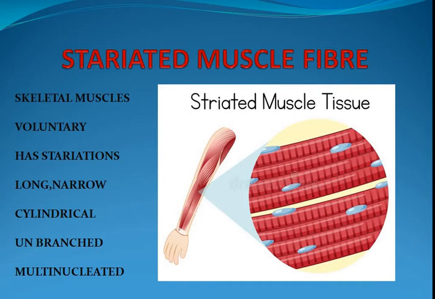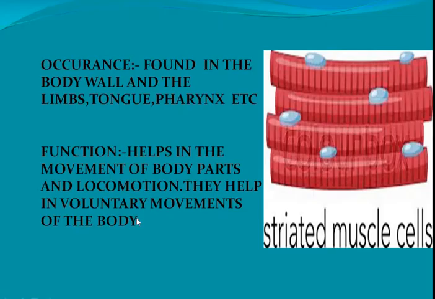They have a distinct plasma membrane, which is called the sarcolemma, and the fluid, the cytoplasm, is known as sarcoplasm. Let us see where it is found. So they are found in the body walls and in the limbs, tongue, pharynx, where we can do the voluntary movements.